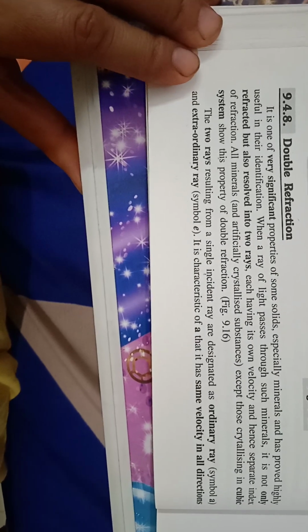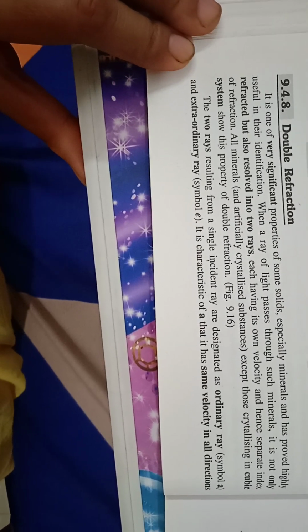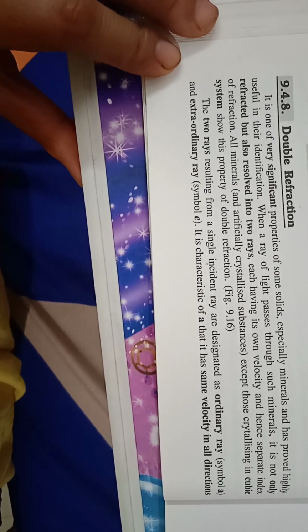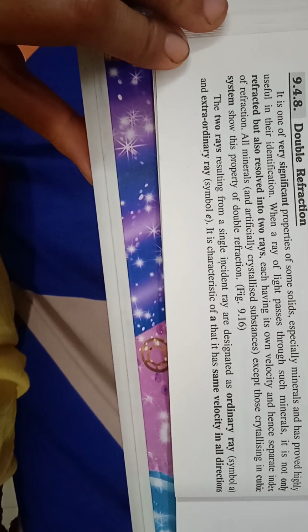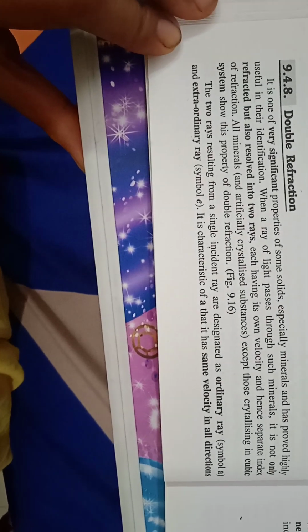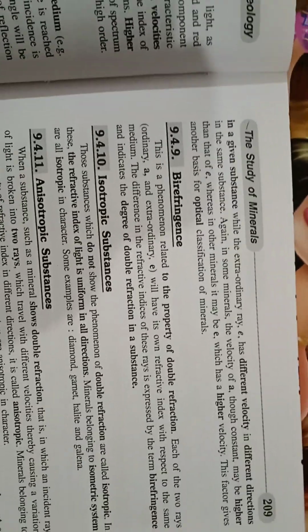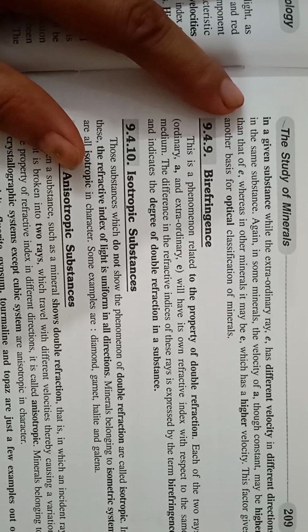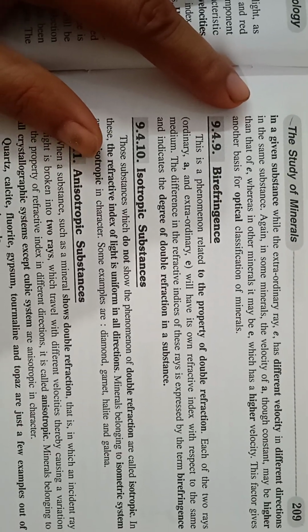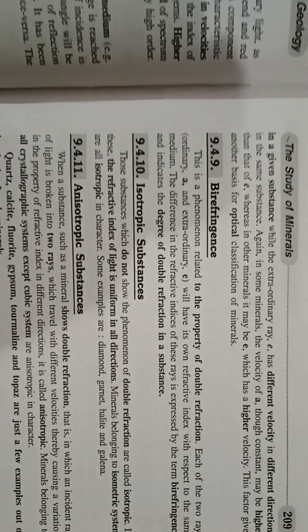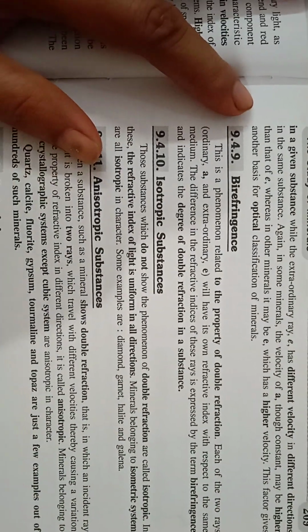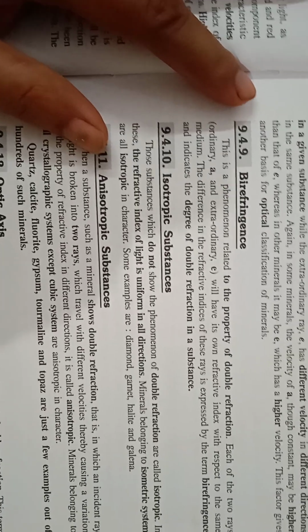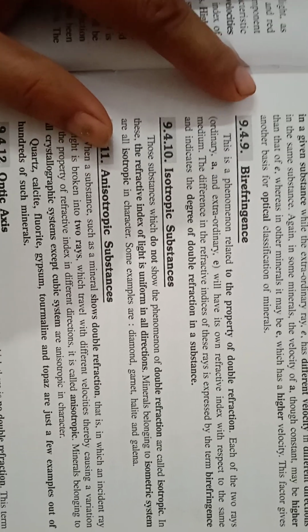The two rays resulting from the single incident ray are designated as ordinary ray, symbol A, and extraordinary ray, symbol E. It is characteristic of A that it has the same velocity in all directions in a given substance, while the extraordinary ray E has a different velocity in different directions. In some minerals, the velocity of A, though constant, may be higher than that of E, whereas in other minerals it may be E which has a higher velocity.